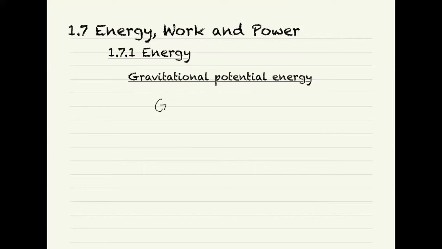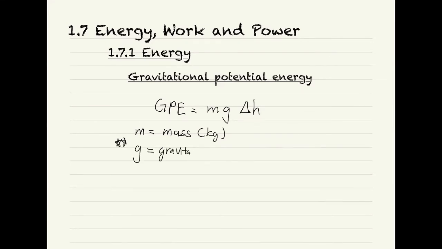Gravitational potential energy, GPE, equal to mg delta h. M is mass, unit is kg. g is gravitational acceleration with 10 meter per second square.